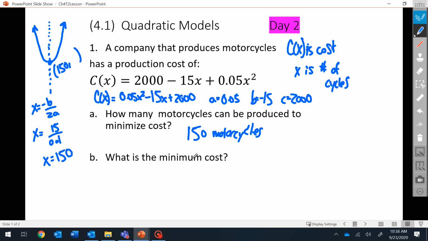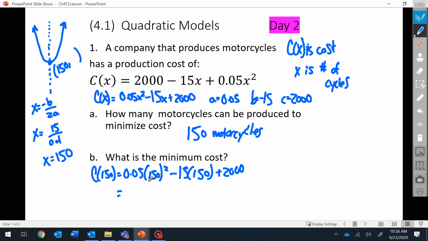Now if we want to know the actual minimum cost, we need to plug the number of motorcycles into the function. So C of 150 is equal to 0.05 times 150 squared, minus 15 times 150, plus 2,000.